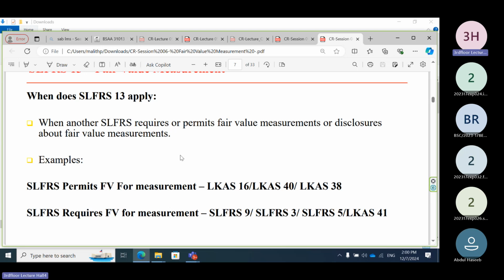Financial assets may be of three types: maybe an equity instrument, maybe a debt instrument, maybe derivatives.